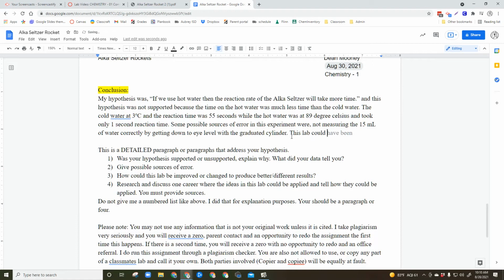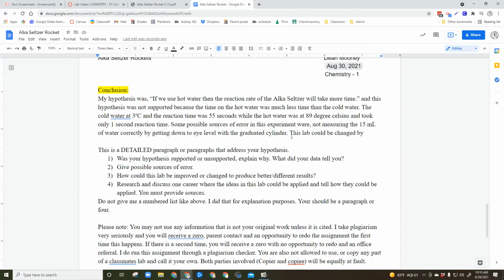All right, so this lab could be changed by, I'm just going to give you a way that it could be changed, that you can't use. This is really far-fetched, but it's a way that you could change it.